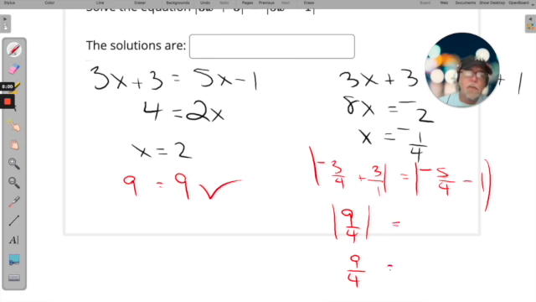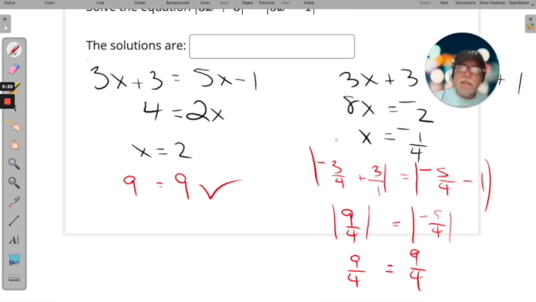Negative 5 over 4 minus 4 over 4 is negative 9 over 4, but the absolute value of negative 9 over 4 is 9 over 4. So it looks like they both work. So you would put both of these answers in place here. And that's the last one.